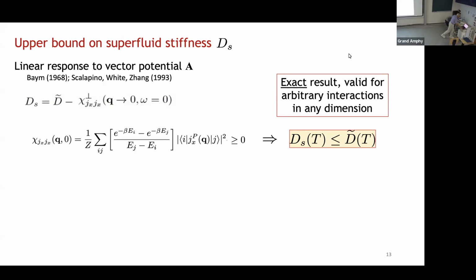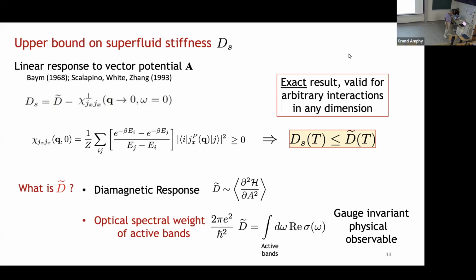Now you ask, what is D tilde? This is just some symbol, what does it mean? I'll explain immediately. There are two ways to think about it. One is that it's the diamagnetic piece, because current has two pieces, a diamagnetic piece and a paramagnetic piece. The other, even more physical way to think about D tilde is in terms of an optical sum rule, which in some contexts is often called the f-sum rule.